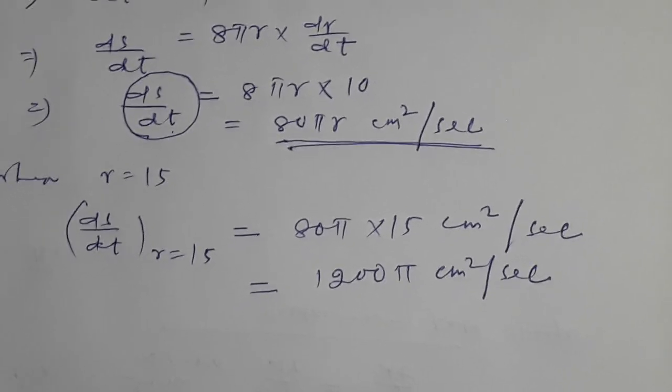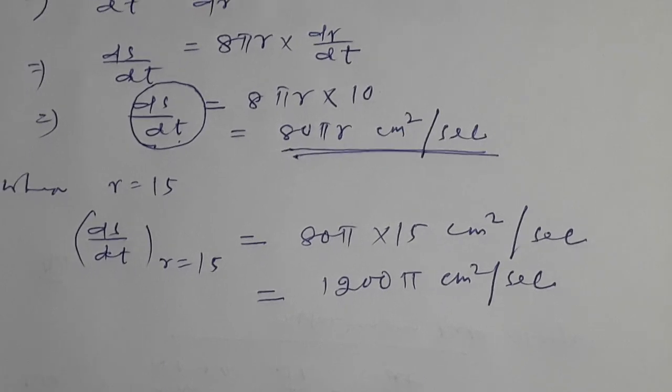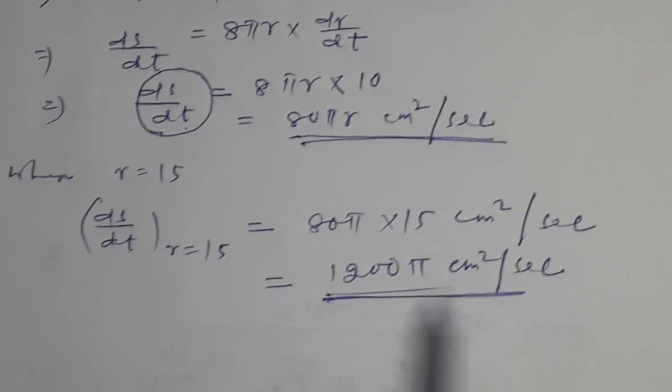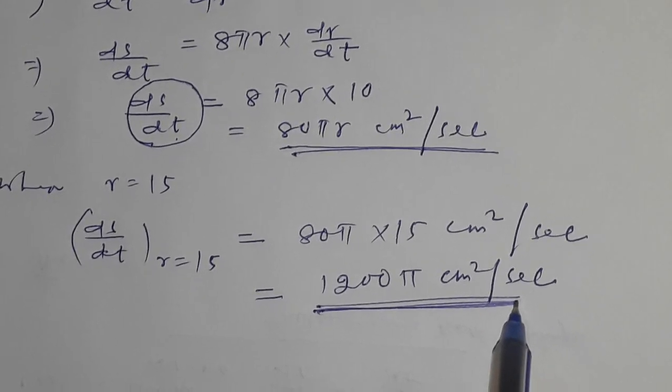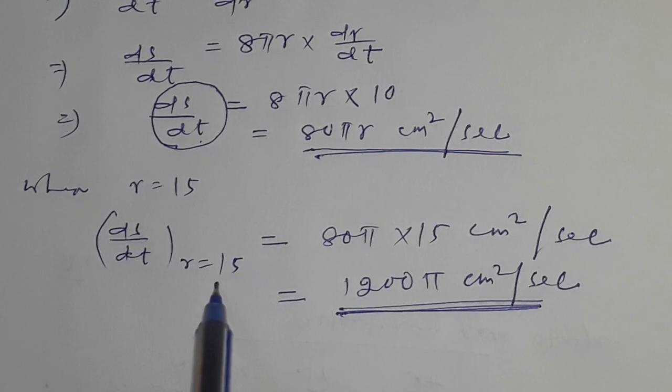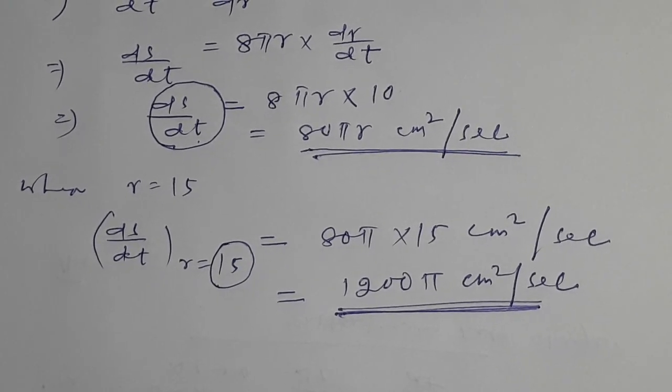Thus, the surface area of the balloon is increasing at the rate of 1200 pi square centimeter per second when the radius is 15 centimeter.